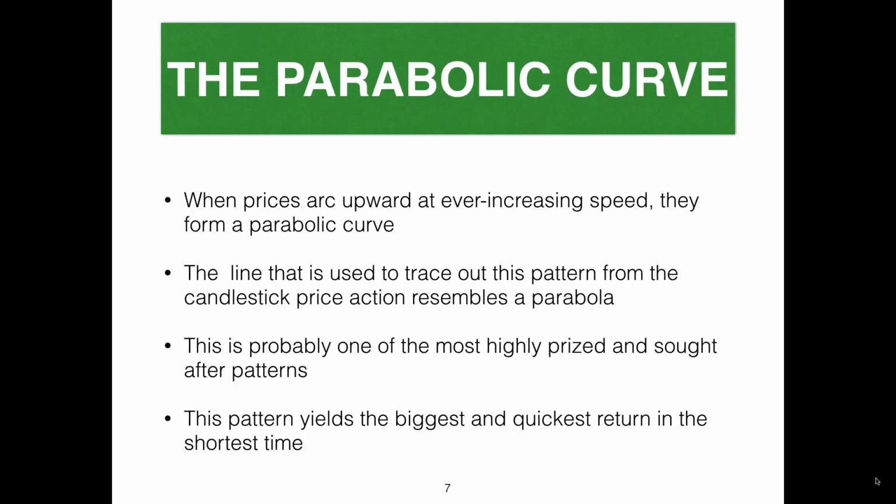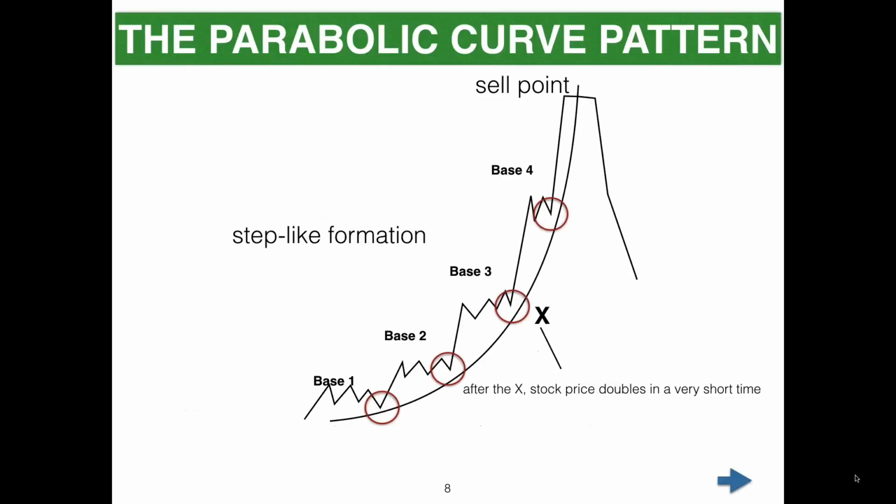So what is the parabolic curve? When prices arc upward at ever-increasing speed, they form a parabolic curve. The line that is used to trace out this pattern from the candlestick price action resembles a parabola. This is probably one of the most sought-after patterns because it is highly profitable in the shortest period of time.